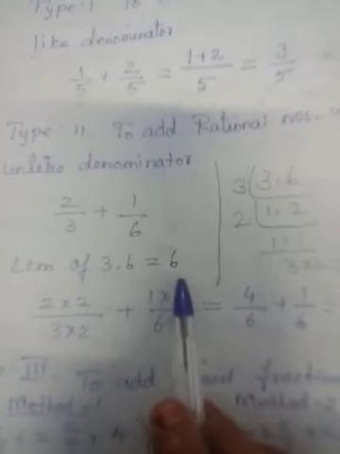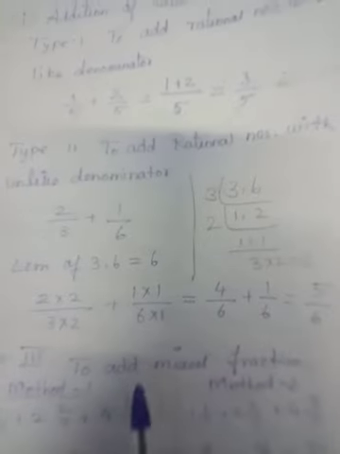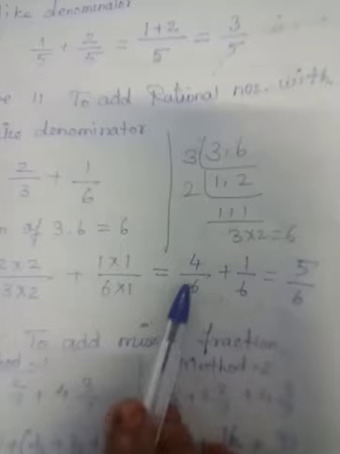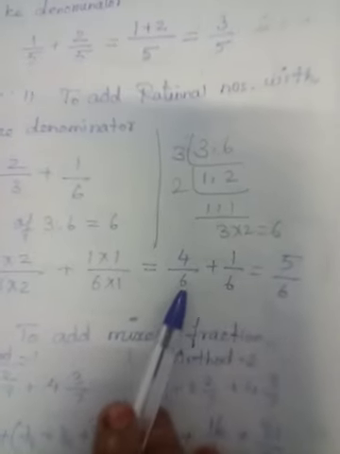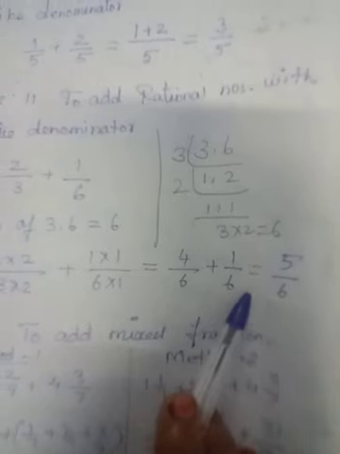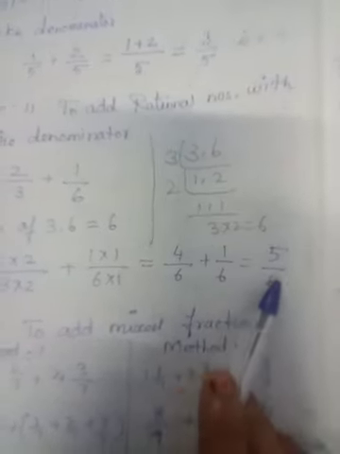We get 6 and then convert them to equivalent rational numbers. As usual, add the numerators using the common denominator and write the answer in the simplest form if possible.